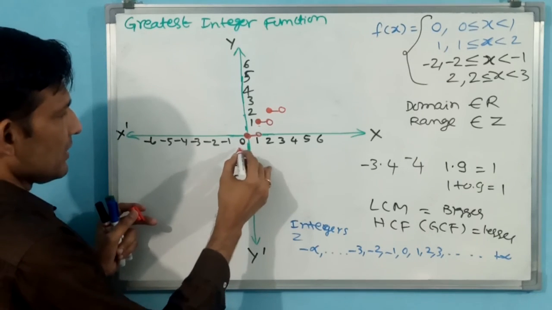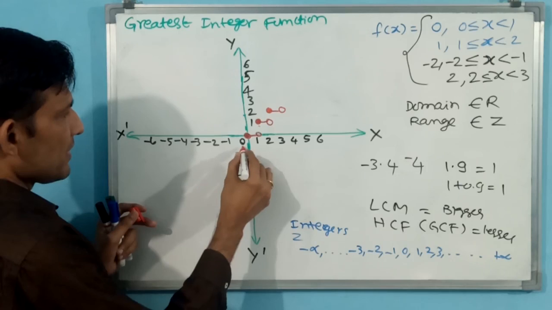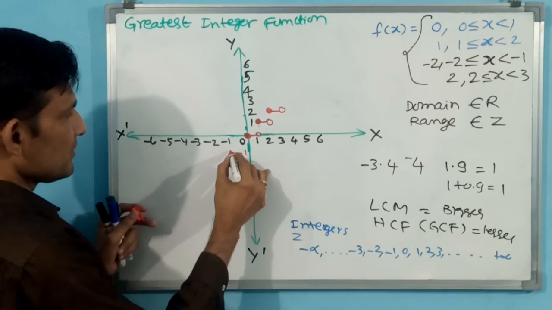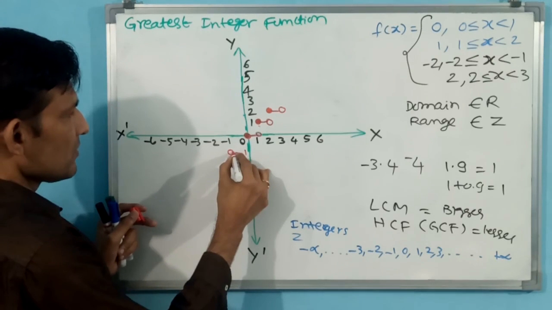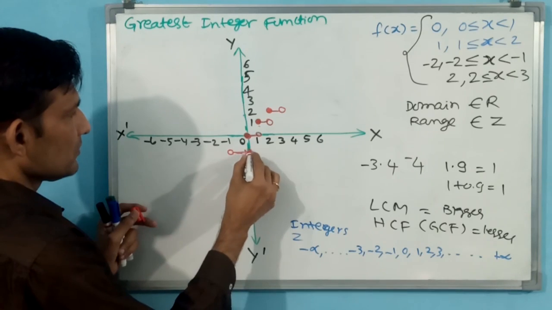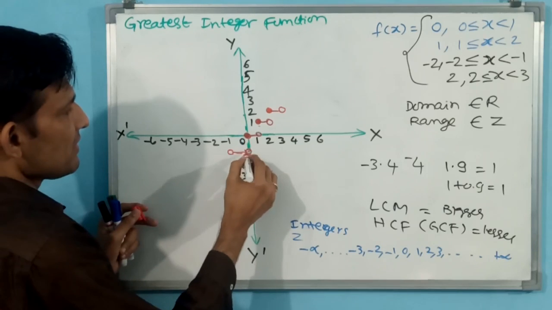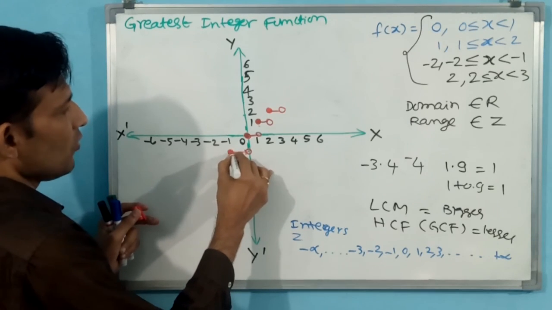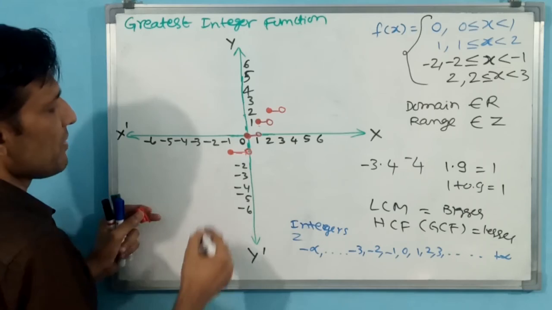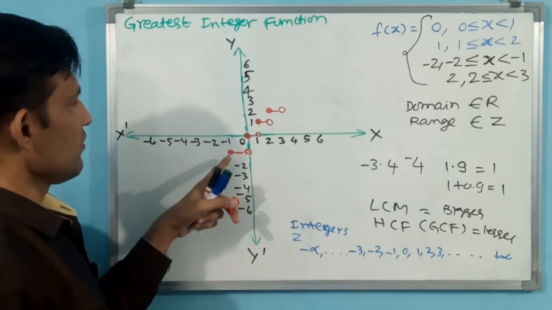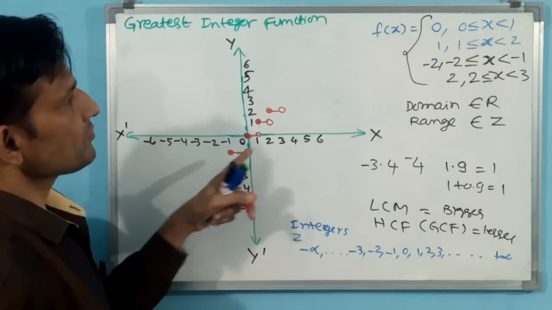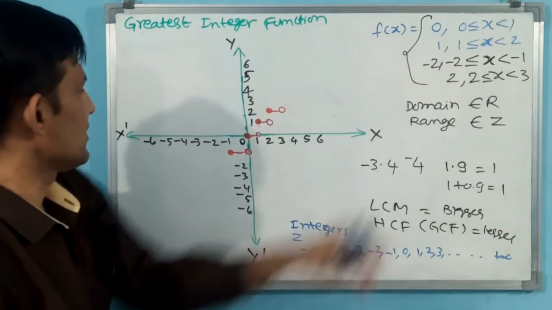Like that here also you can come. For negative side, 0 is open, minus 1 is closed. Minus 1 I have not written, minus 2 also you can see.